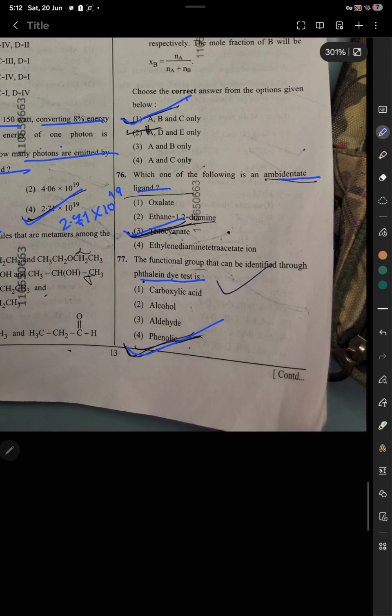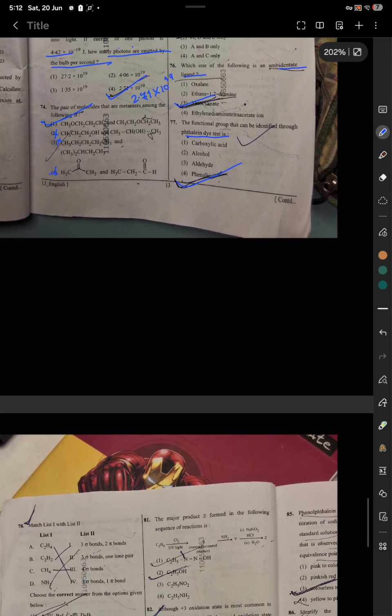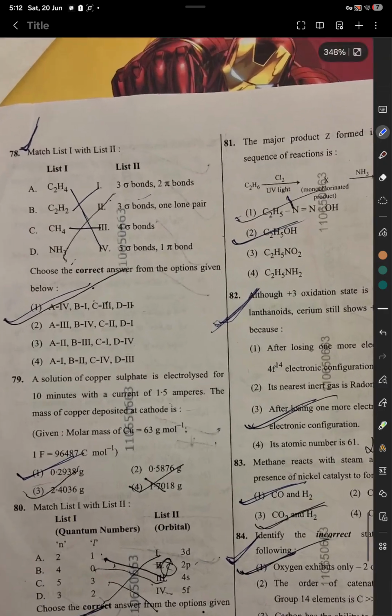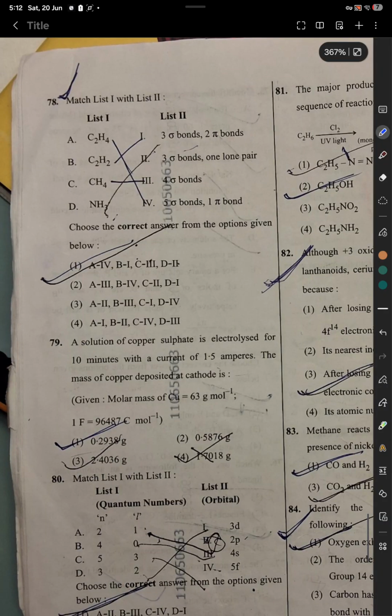Option number 4 is the correct answer, phenolic. Let's move to question number 78. It is a match the following question. Option 1 is correct, A4, B1, C3 and D4 is your correct answer.